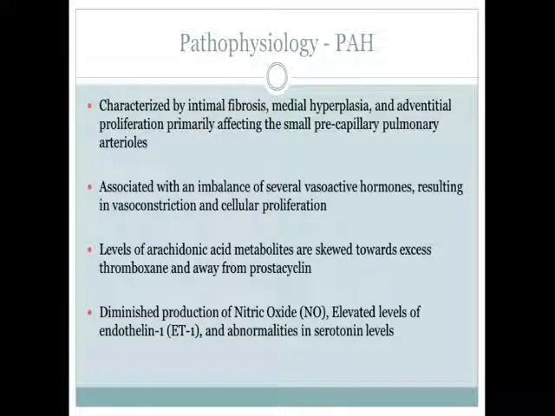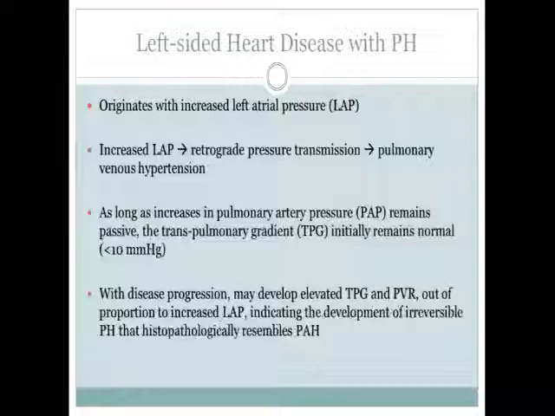And it's been shown in patients with pulmonary arterial hypertension that they have some defects in the storage and transport of serotonin. So they have elevated serotonin levels in their plasma, and that also acts as a smooth muscle cell proliferator and a vasoconstrictor.